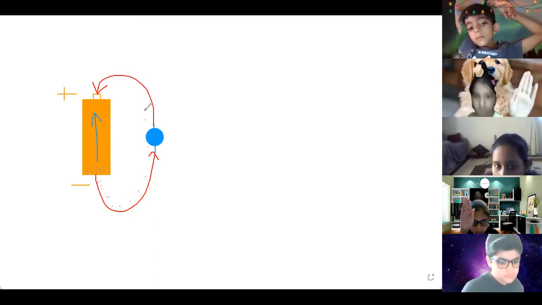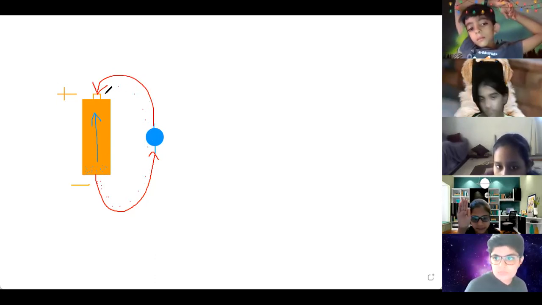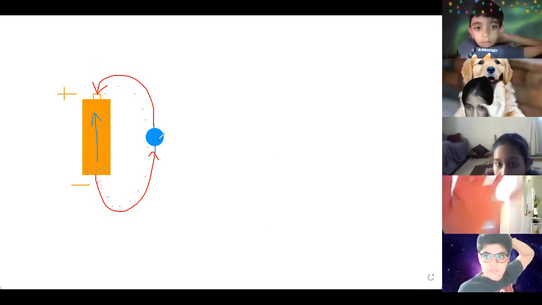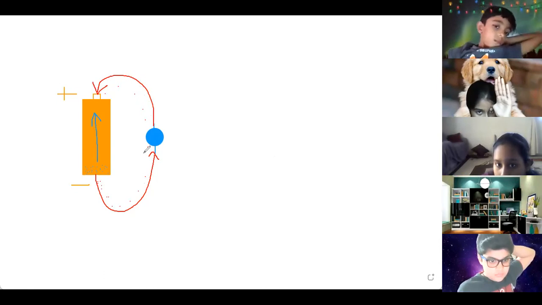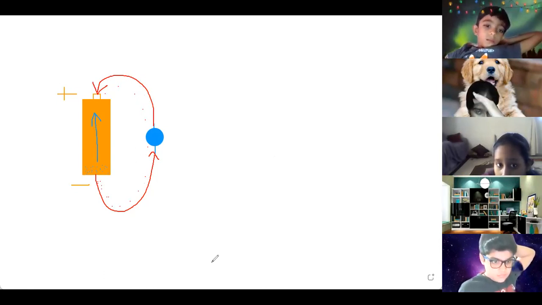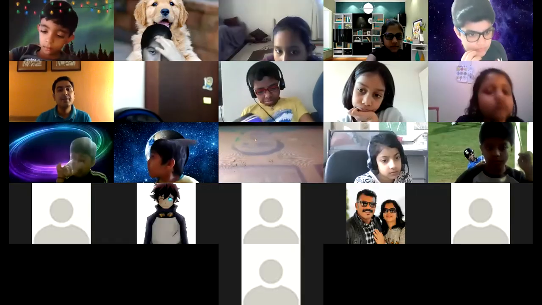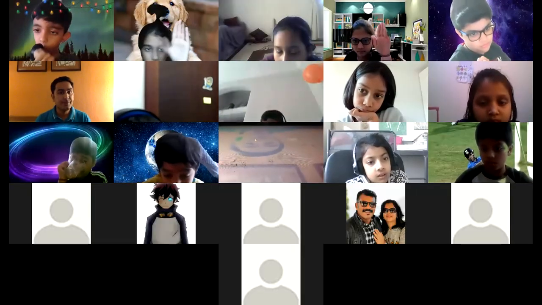They will reach the positive. At the positive, they are entering into the node, and here the bulb or the buzzer, whatever device you have put, will start working. So it's because of the electrons.